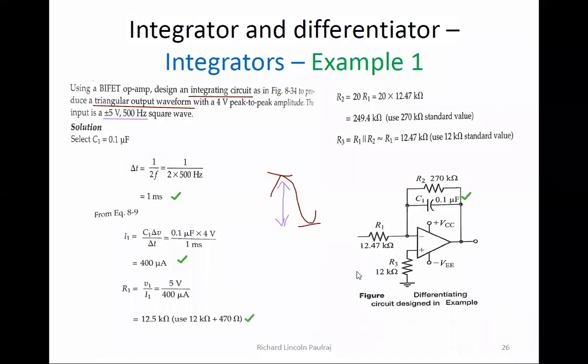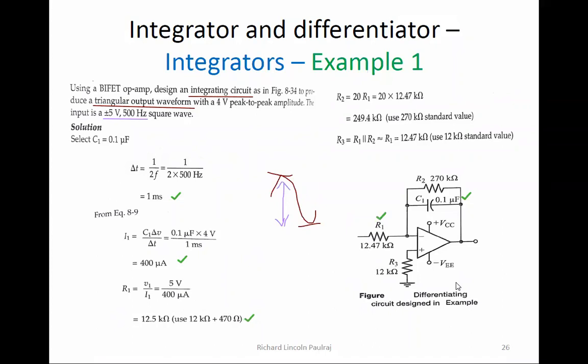Are we getting that? Here again, I'm going to use a standard value rather than the one I have calculated. I'm going to use 470, so I'm falling short by about 30 ohms, but that's fine. So R1 is also taken care of.